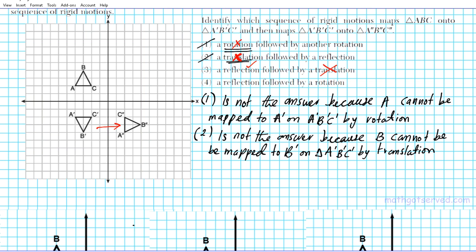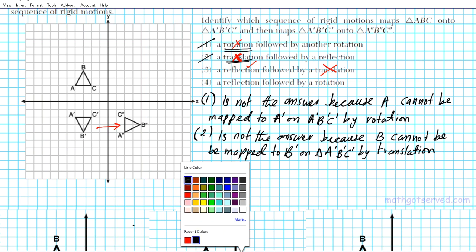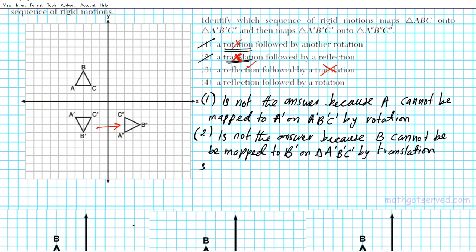So let's write down why. Option 3 is not the answer. So 3 is not the answer. Why? Why is 3 not the answer?